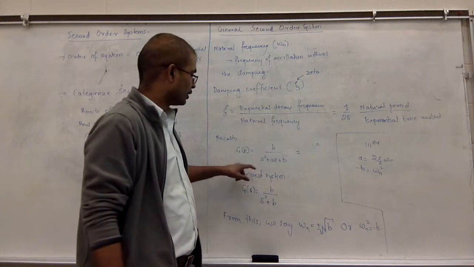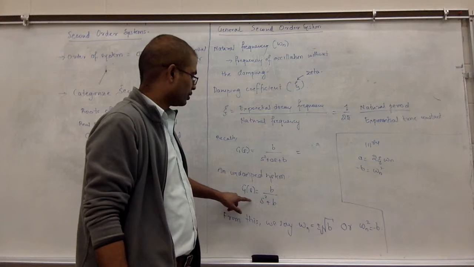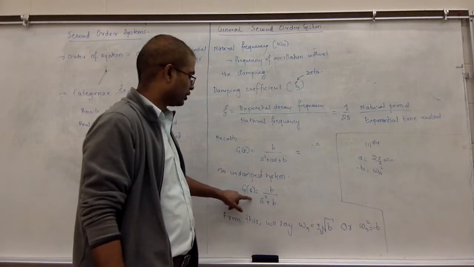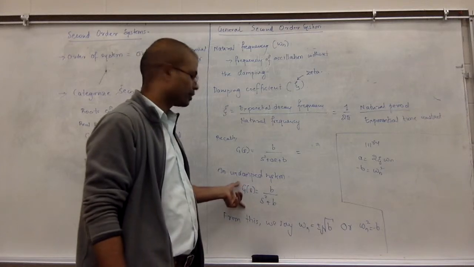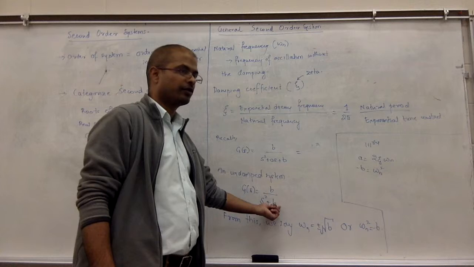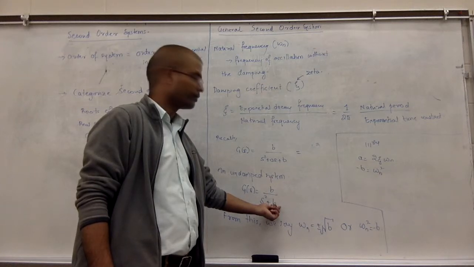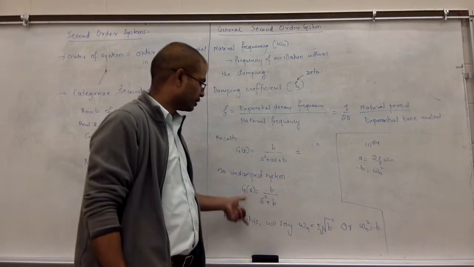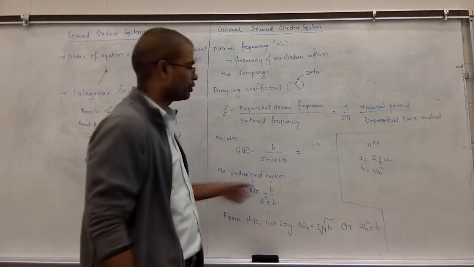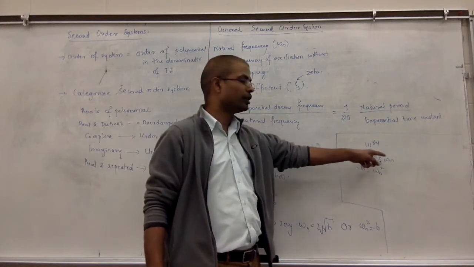So what did I do here? I just showed you that for an undamped system, this pole is equal to the natural frequency. If you work it out in a similar way, you will get A is equal to 2 zeta omega n.